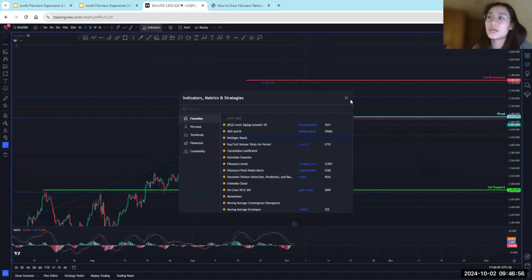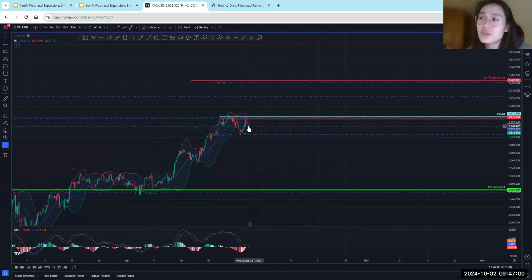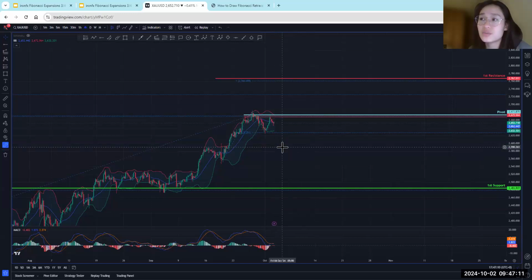Let's look at Bollinger Bands. Okay, again, you can see prices moving below that middle blue line, which again could be a sign of a change in trend. So it could be a sign that prices are going to continue moving in a downtrend. So again, I'll KIV that.